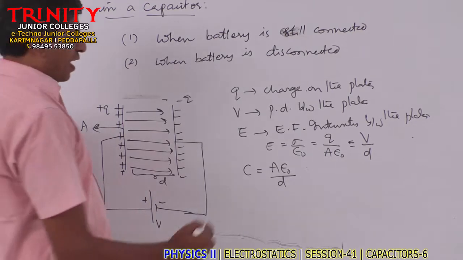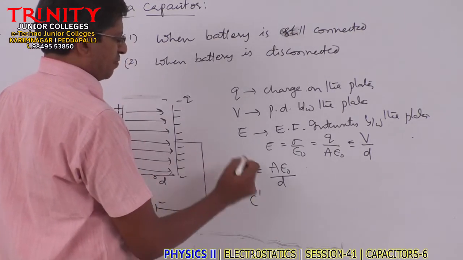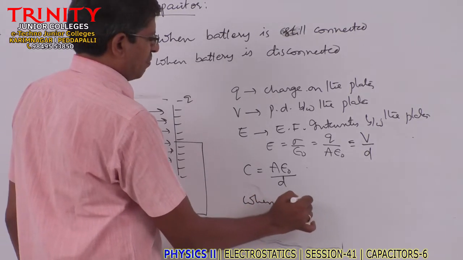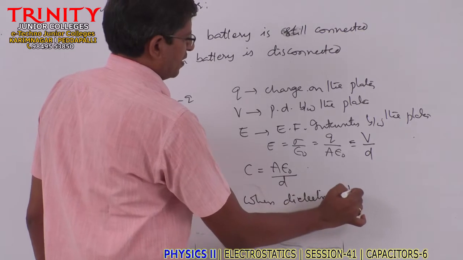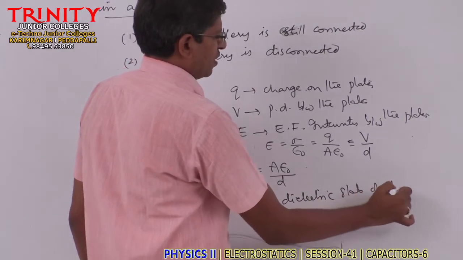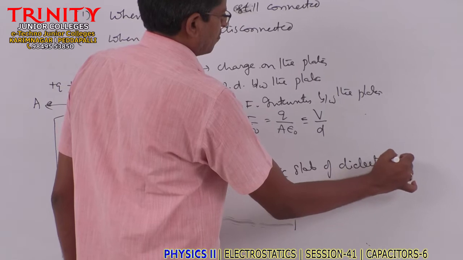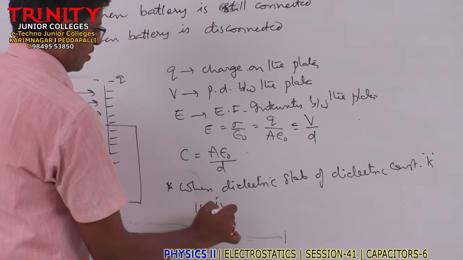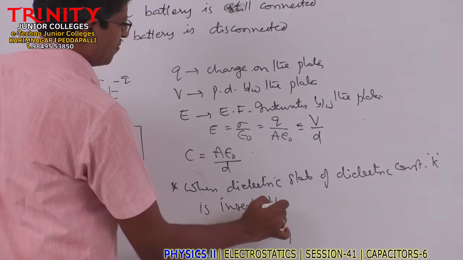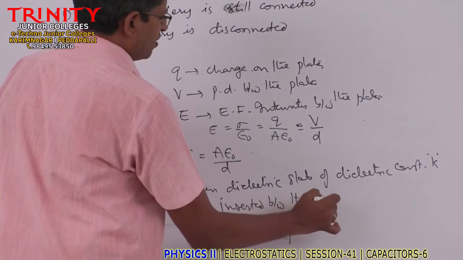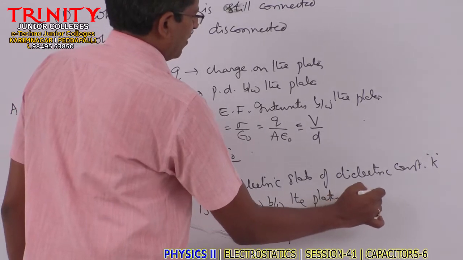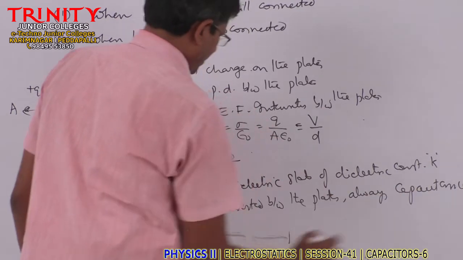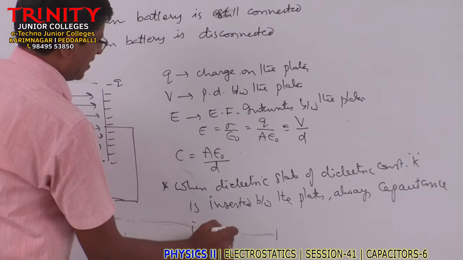And when we fill the slab, as we discussed yesterday, when a dielectric material of dielectric constant K is inserted between the plates, always remember, the capacitance always increases K times.